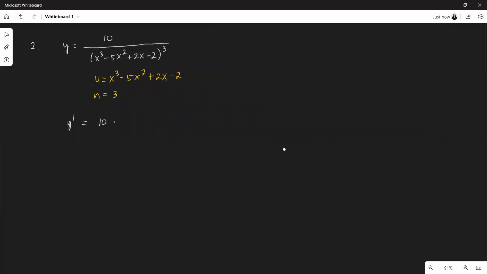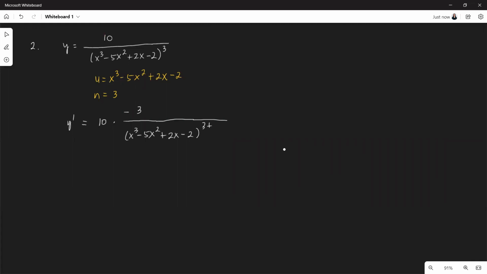So n is 3, so negative 3 over, observe the pattern, it's the same each time: you simply write negative of the exponent, so negative 3, divide it by the base copied, and then instead of subtracting 1 from the exponent, you add 1, because it's already in the denominator.